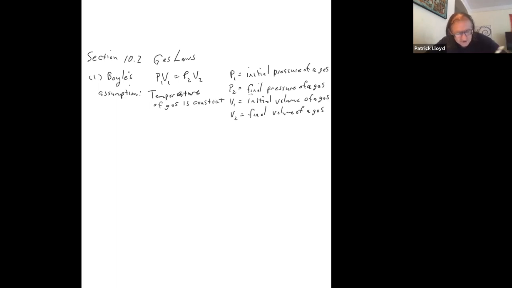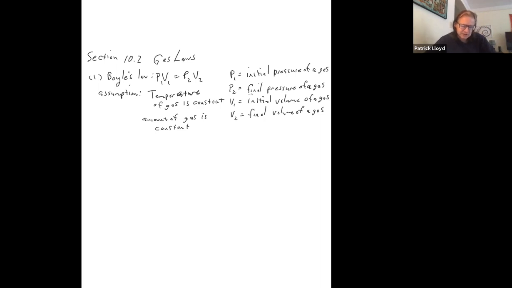Okay, and so there's actually 2 assumptions. The second one is the amount of gas is constant. So the amount of gas is constant and the temperature. If either of those 2 are not true, then Boyle's law is invalid. It no longer is a valid law. So it's only valid under these conditions. P1 V1 equals P2 V2.